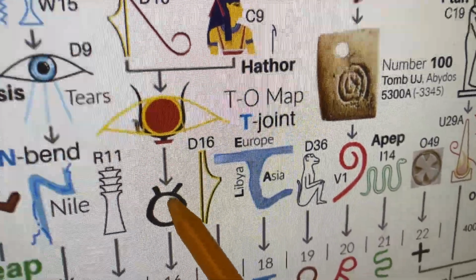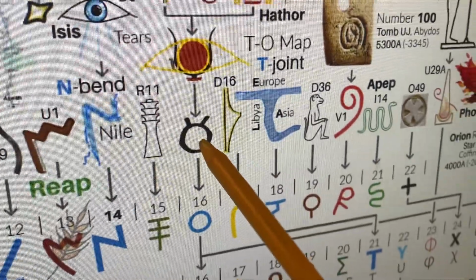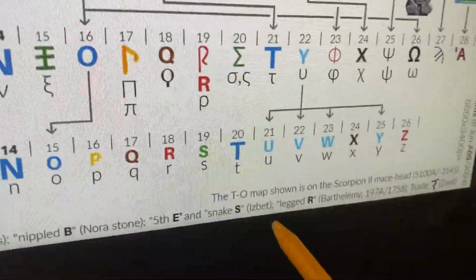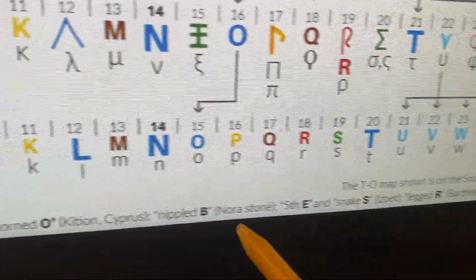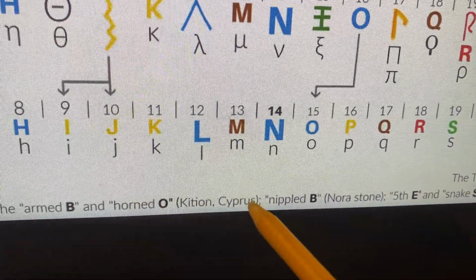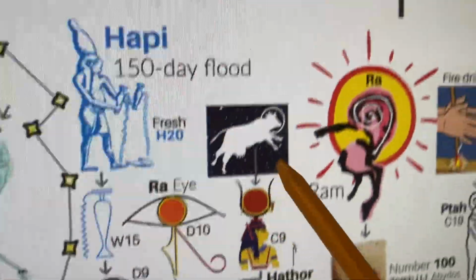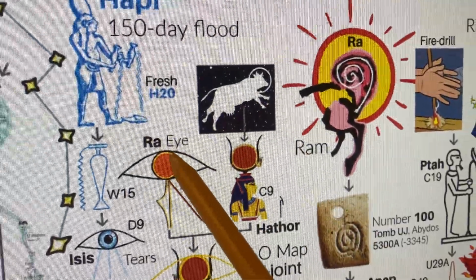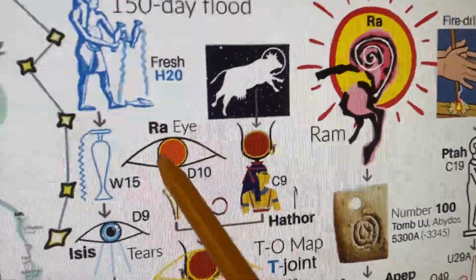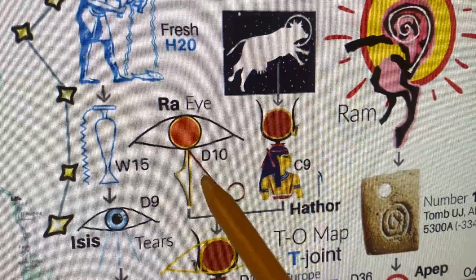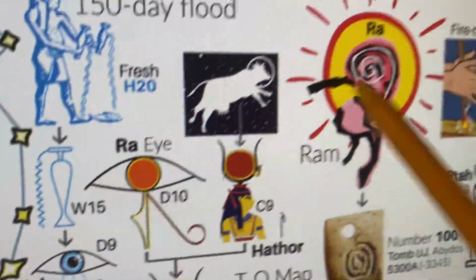So this Phoenician person on this Kideon island in Cyprus was making a horned O. So that means that it's half of the Milky Way and half of the Eye of Ra, which is a complex mathematical cipher. So this is letter R, the ram horn.